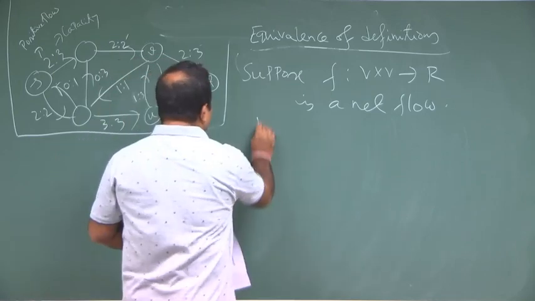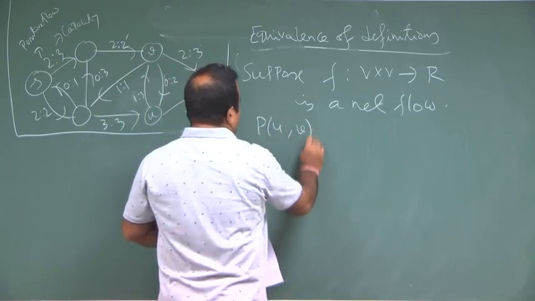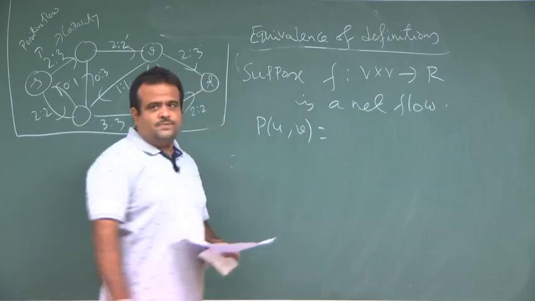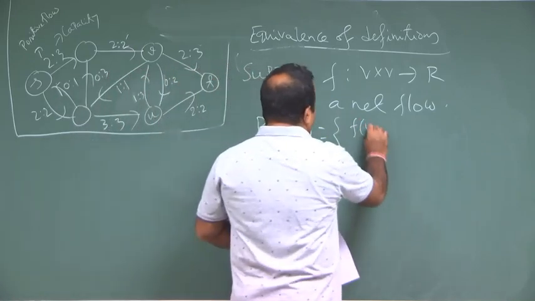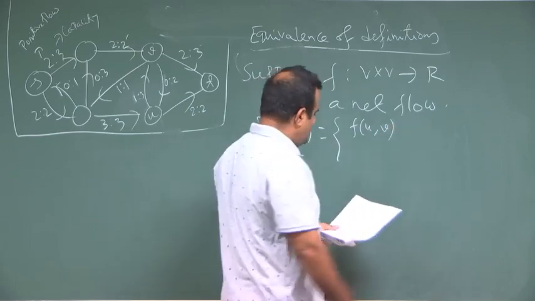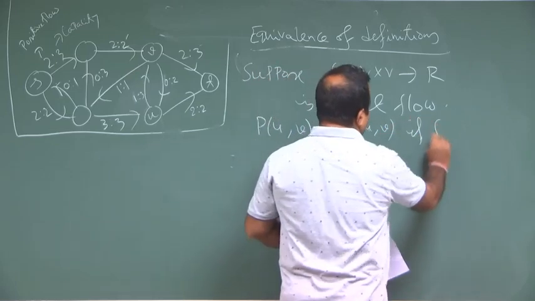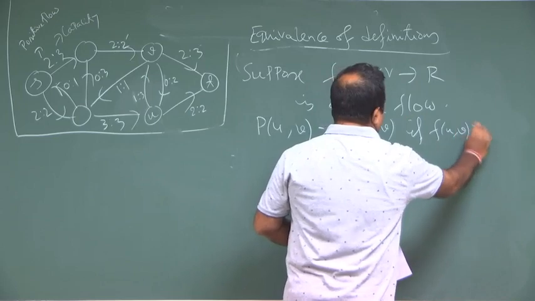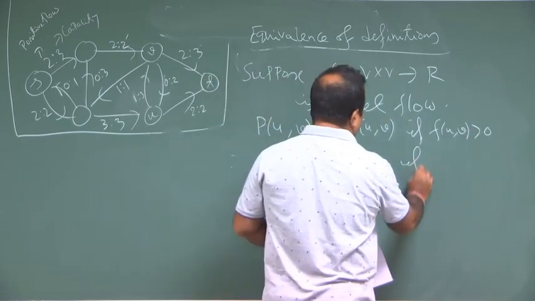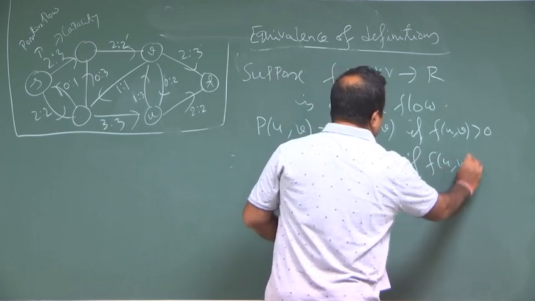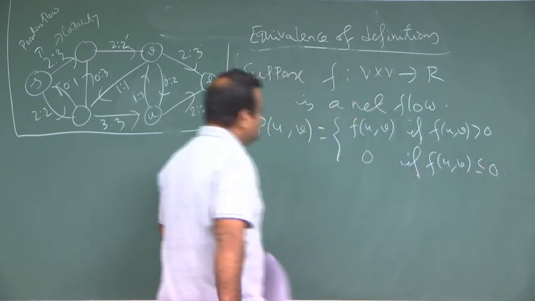So, we define it like this. p of u v, because positive flow is always positive, we define as f of u v if it is positive, otherwise it is 0 if f of u v is less than 0.